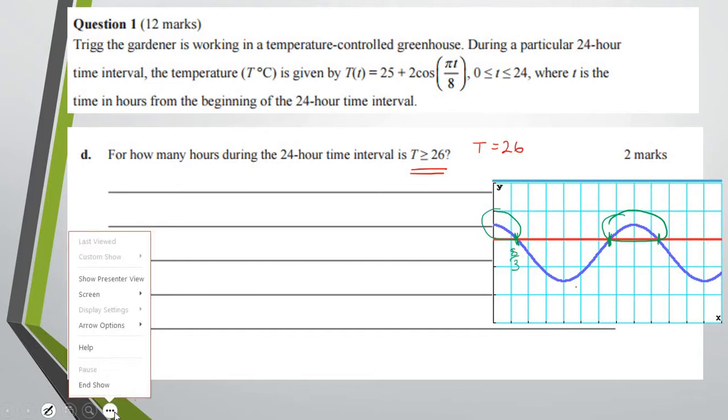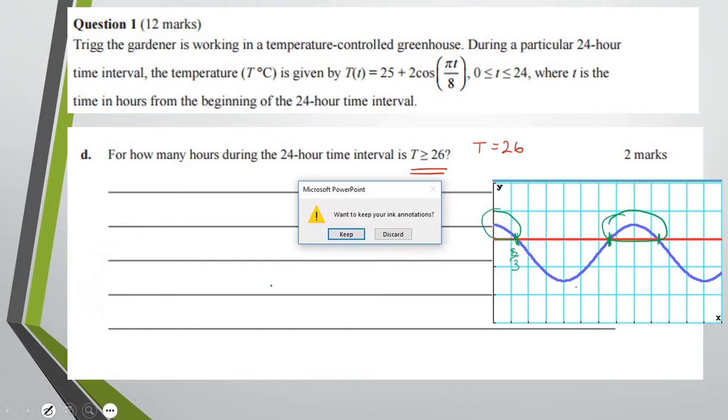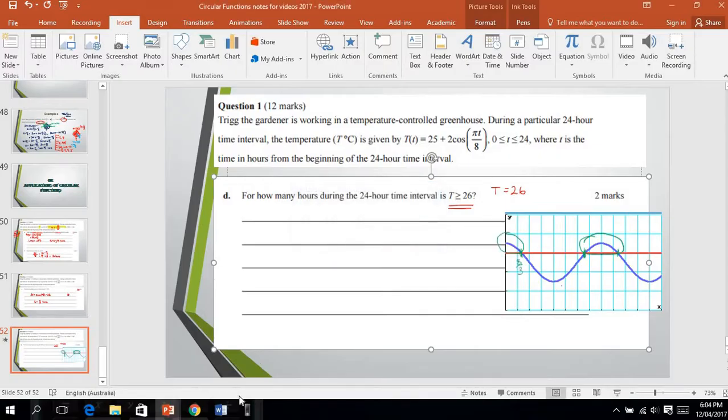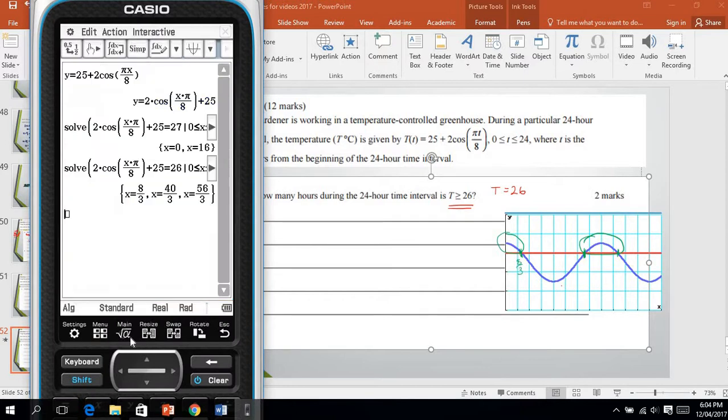So let's go back again, and my apologies that I'm backwards and forwards all the time, this probably isn't ideal. But back in our main menu, we'd before worked out x is equal to 8 over 3, x is equal to 40 over 3, and x is equal to 56 over 3. We do need to use exact values. If I was using the values in the graph menu and I wanted to find these points of intersection, it would give it to us as decimals, and that will not allow us to calculate the exact value that we need.